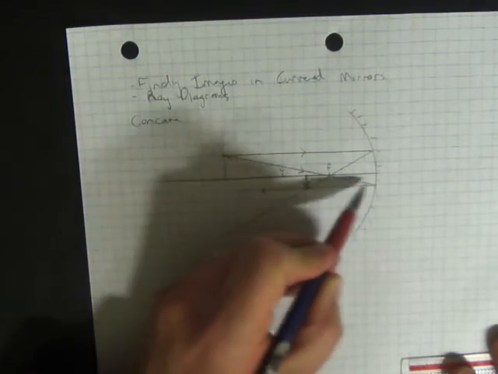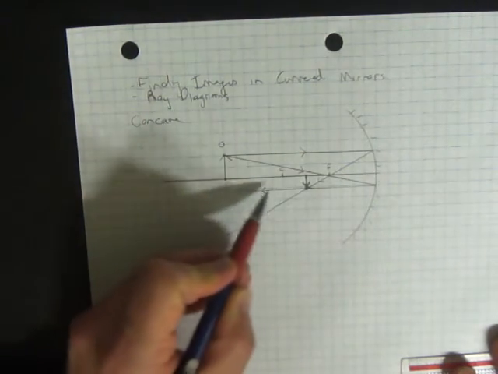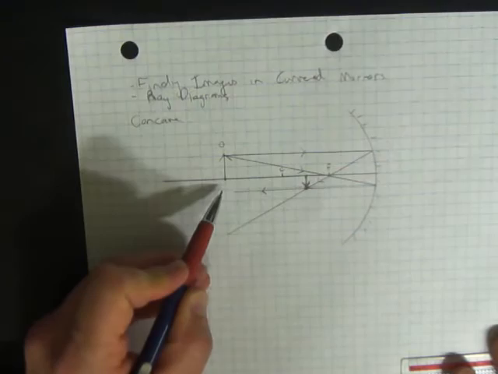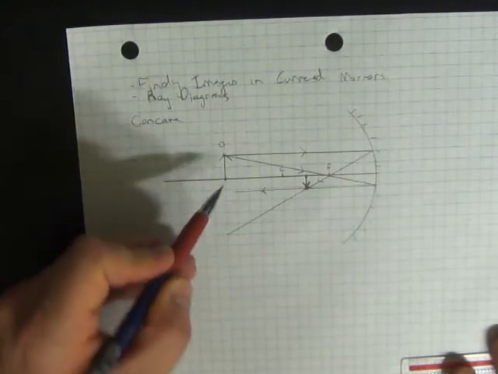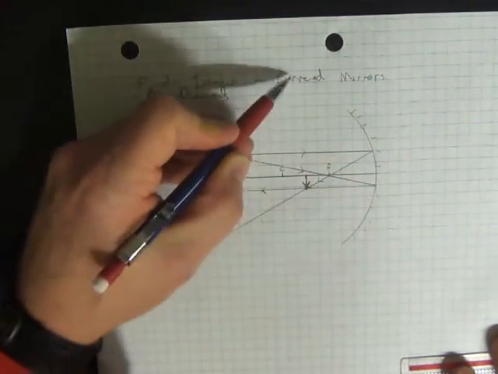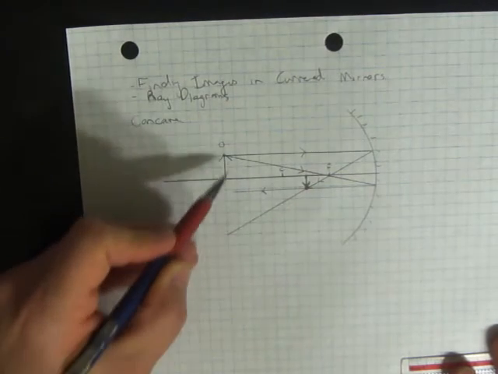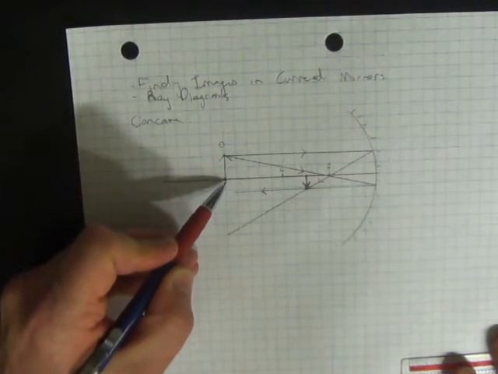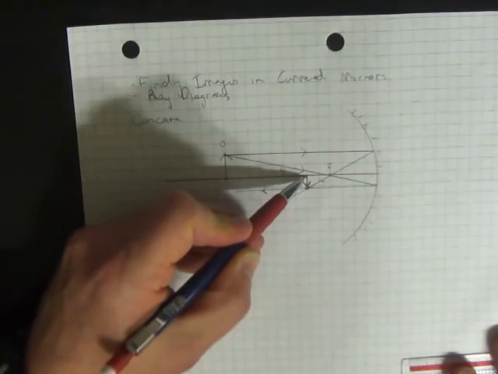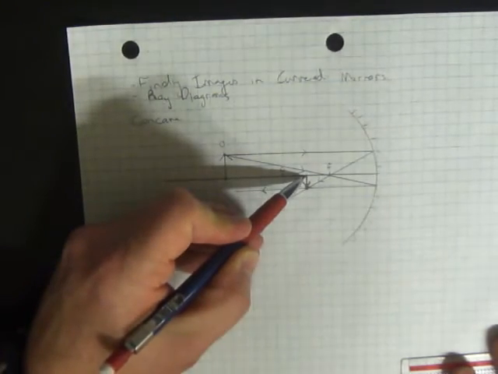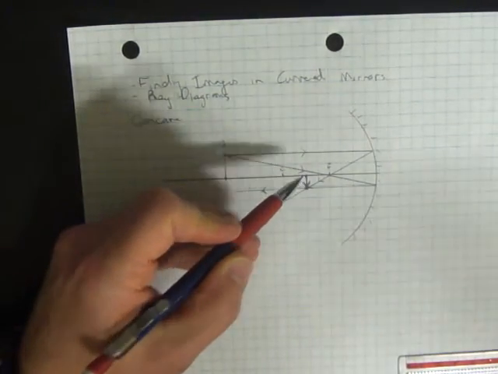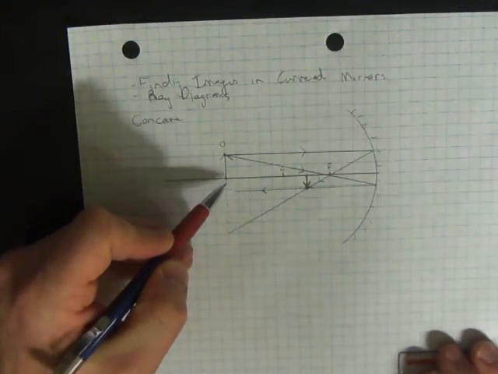I can't use any of my rules because C and F are right on the principal axis. But if I used angle I equals angle R, I could do some reflections. But in the end, this base would be located on the principal axis every time. That's why we choose to draw our ray diagrams this way.